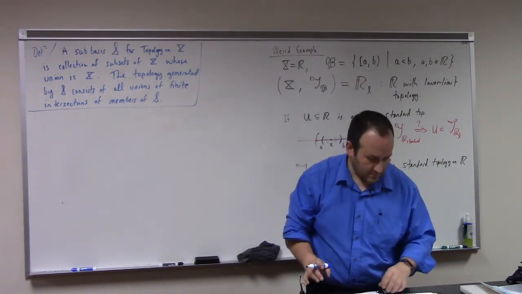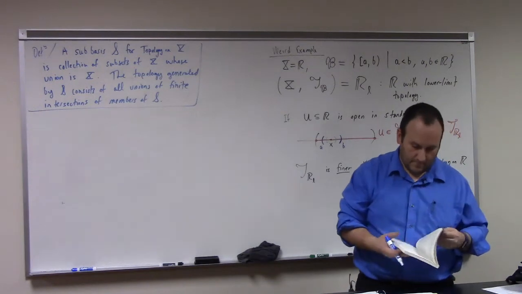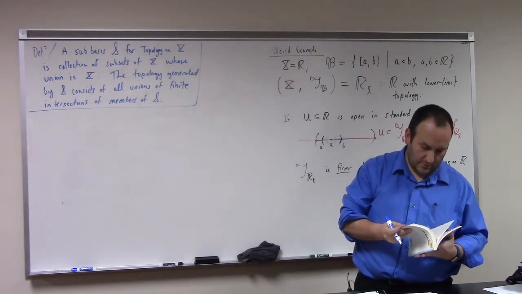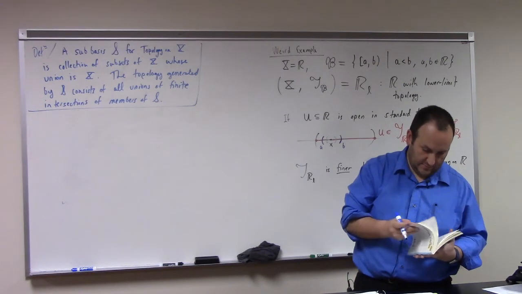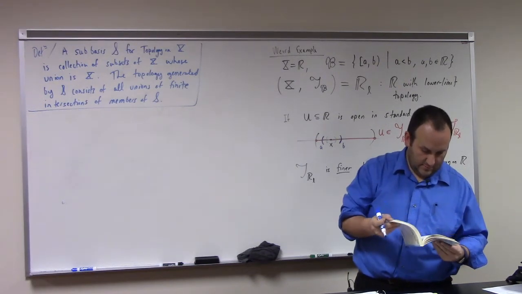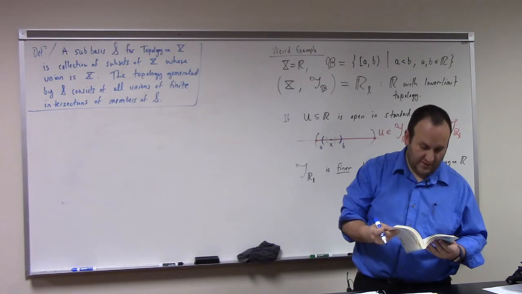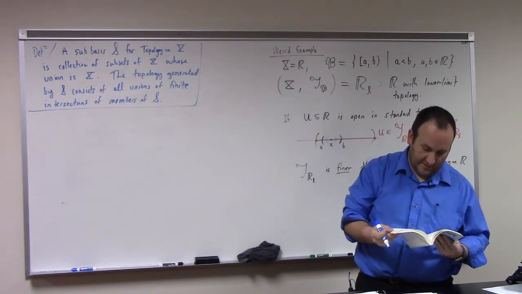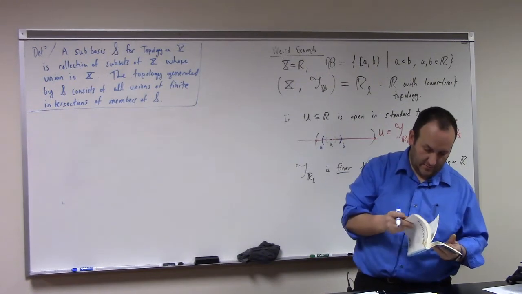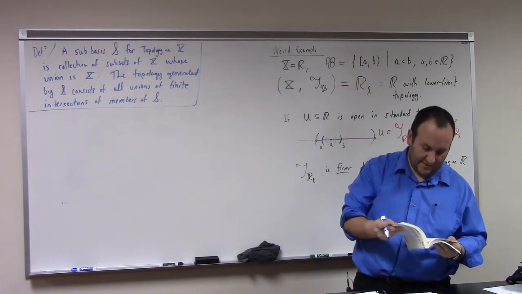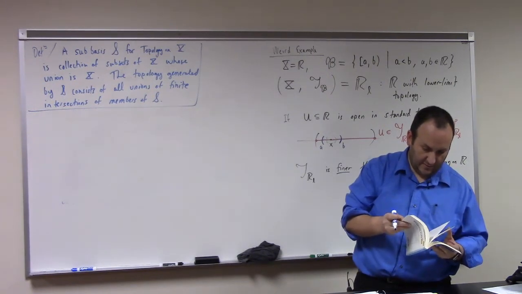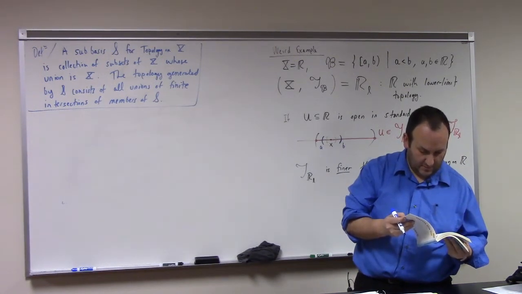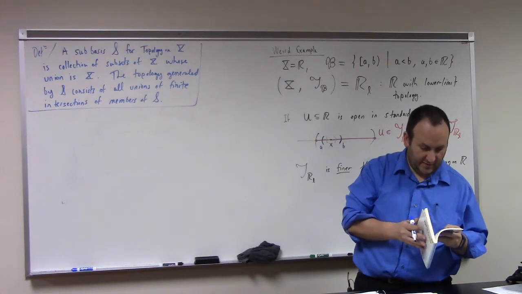Let's see here. Where was I? I don't know if he even has that in Gamelin here. I didn't see it in his basis section. Where does he eventually talk about subbasis in here? Subbase for topology, page 72.